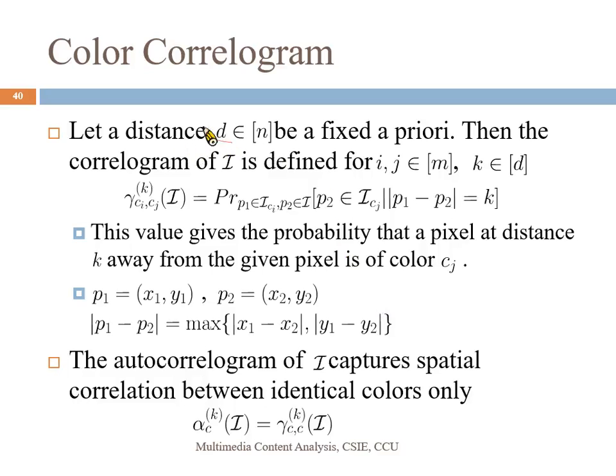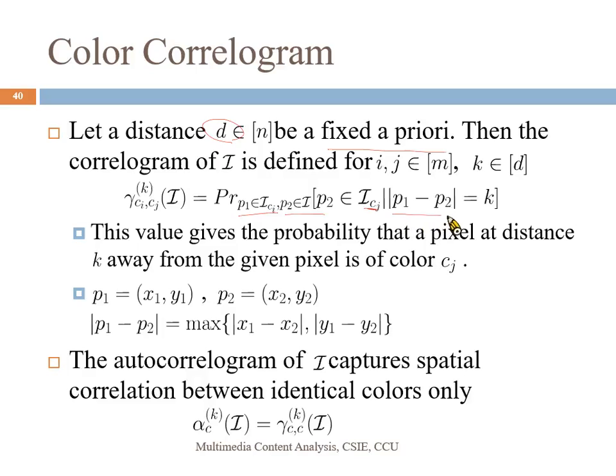Then let the distance d be a fixed prior, and the correlogram of I is defined for i and j in [m], k in [d]. The color correlogram value gamma_ci,cj^(k) means the probability that, given one pixel with color ci, another pixel at spatial distance k is with color cj.